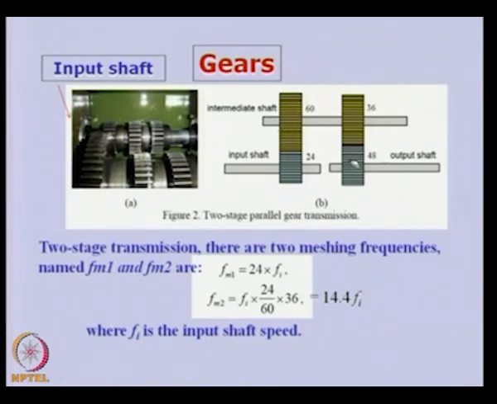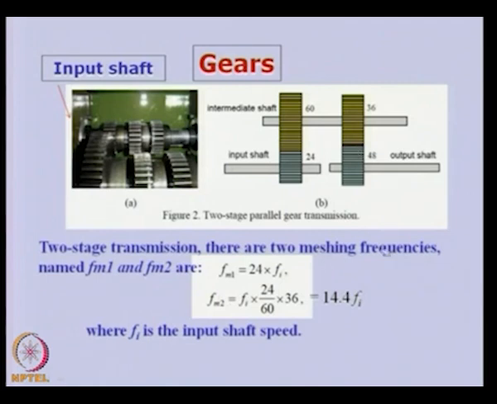In this you can see the speed of this particular gear. So we are taking the speed of this gear and the number of teeth of this. This is the reduction within the first stage, and if we multiply with the number of teeth of this, we will get the tooth meshing frequency for the second pair.